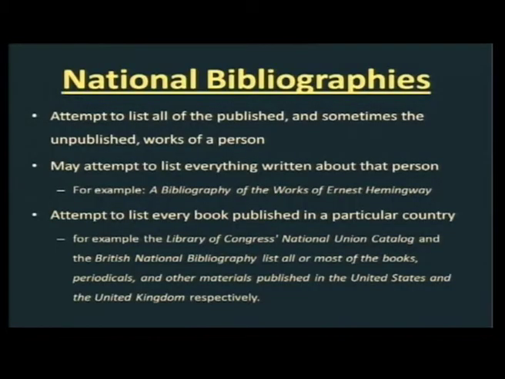For example, the Library of Congress brings out the National Union Catalogue, and the British National Bibliography lists all or most of the books, periodicals and other materials published in the United States and in the United Kingdom.